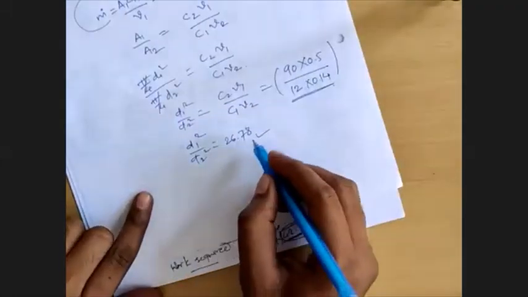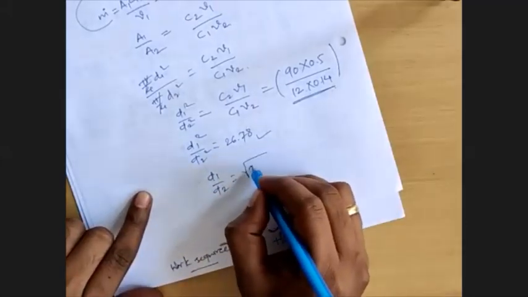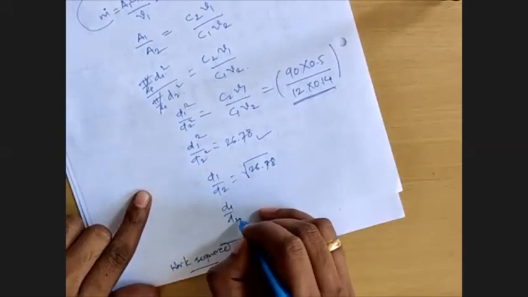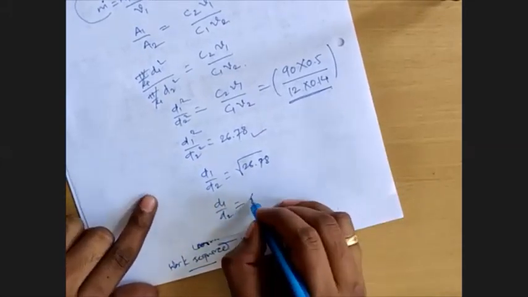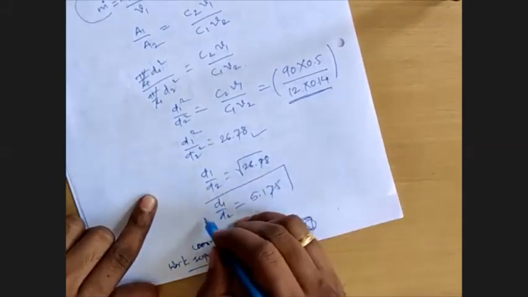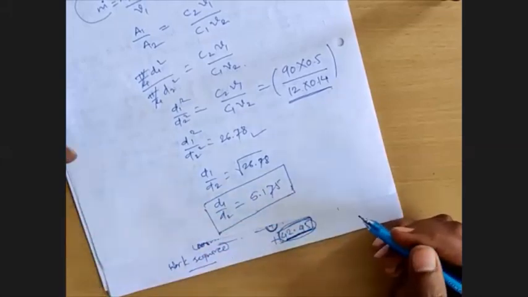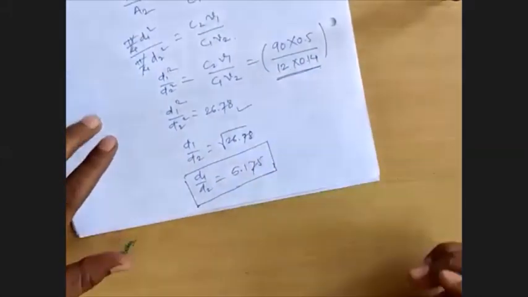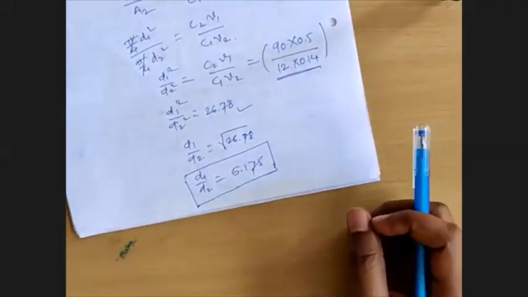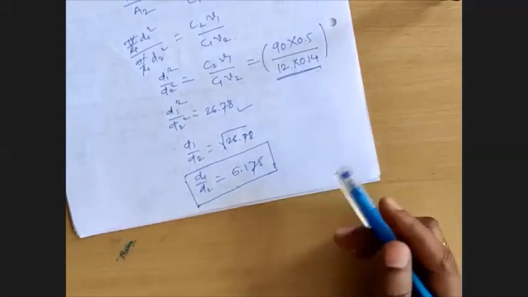So by taking the square root of this, D1 by D2 is equal to the square root of 26.78, and finally D1 by D2 is going to be 5.175, and as this is a ratio, it is going to be a unitless quantity. So finally D1 by D2, or the ratio of inlet to outlet pipe diameter, is equal to 5.175.